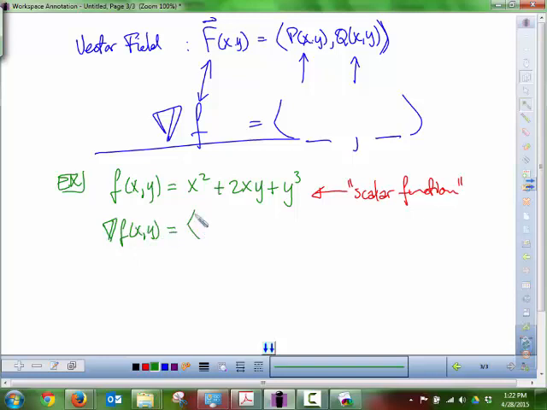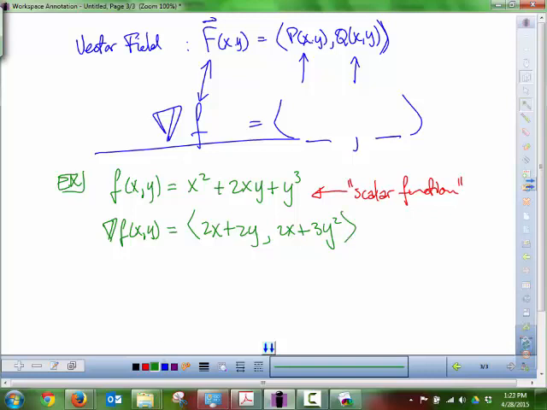And the gradient of this is a vector whose components are just the first derivatives of f with respect to x and with respect to y. So this would be 2x plus 2y, and then with respect to y, 2x plus 3y squared.